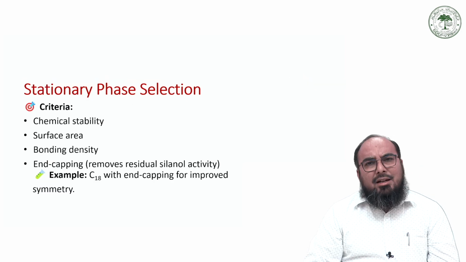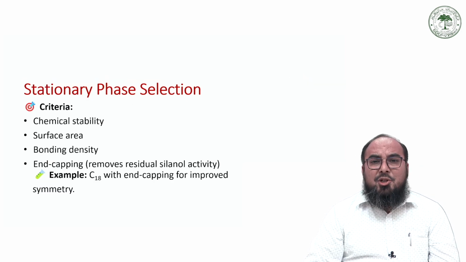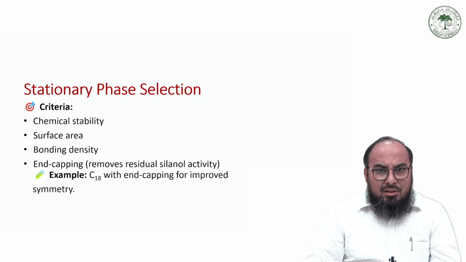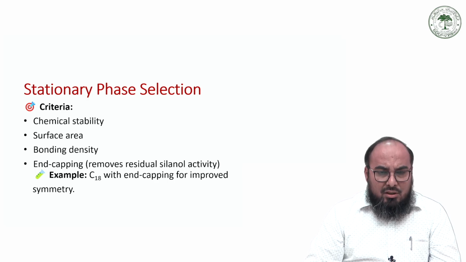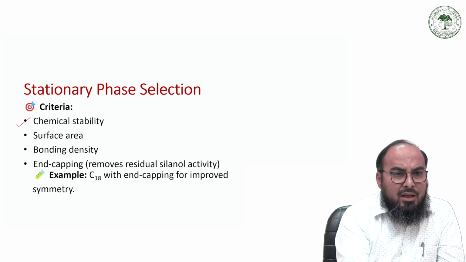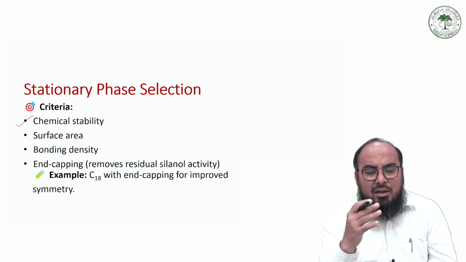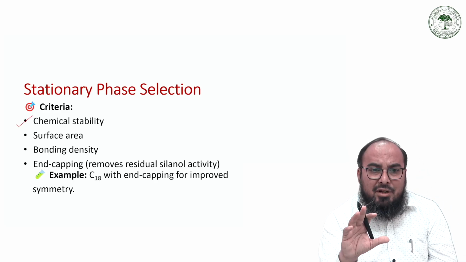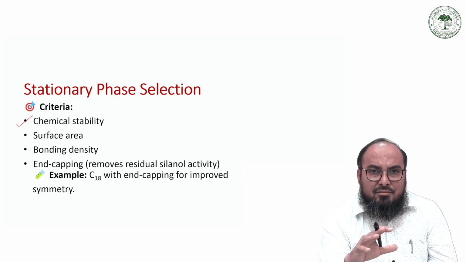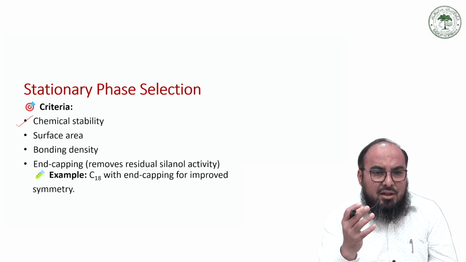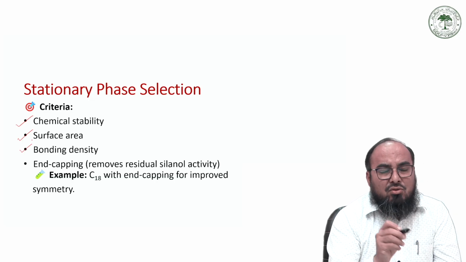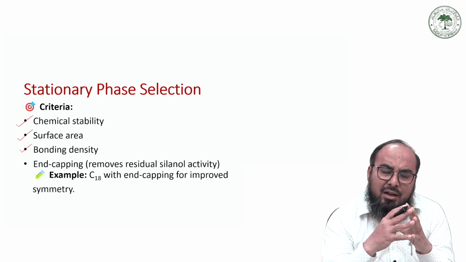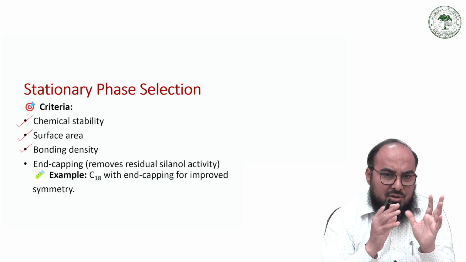Let us also see the selection criteria with regard to the stationary phase. The first and foremost thing is that your stationary phase should be chemically stable, that it should not react with the mobile phase. It should have a good surface area and the bonding should be very strong, so that the immobilized liquid should stay there for longer times.